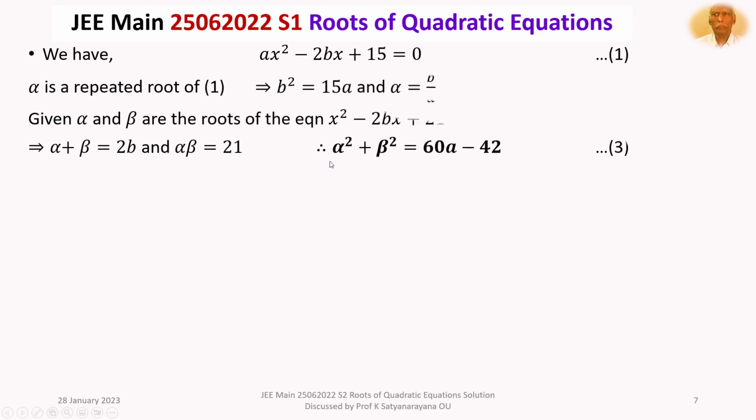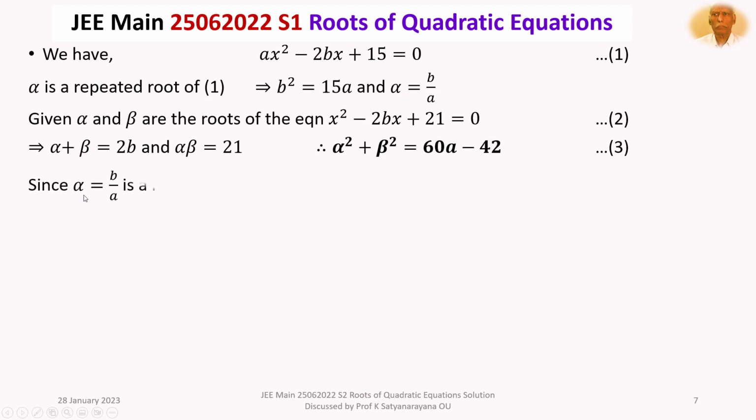So far we have alpha square plus beta square is equal to 60a minus 42. Let's call this equation 3. We are given alpha is not only a root of equation 1, it is also a root of equation 2. And also we know alpha is equal to b by a. So alpha satisfies equation 2 also. So wherever there is x, you write alpha, that is, b by a.